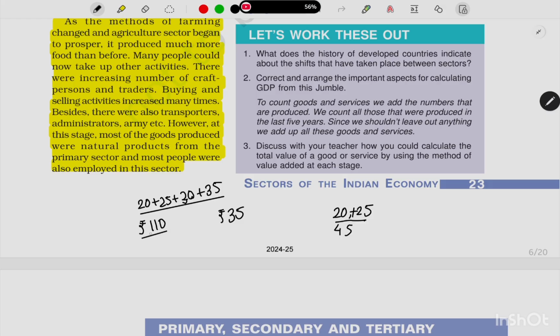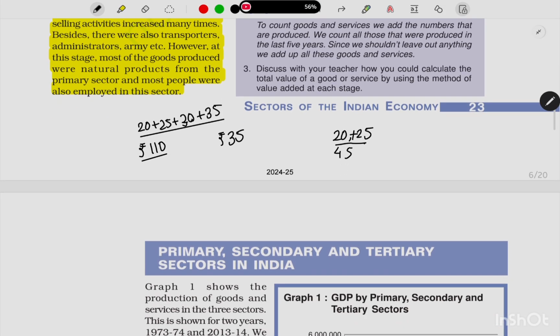But here it amounted to 110 because of repeated addition of the cost that each seller charged. But here it's only 45 by adding all of them. Also, due to repeated selling and making of new products, rupees 35 will be the GDP here, but here rupees 25 is the GDP.